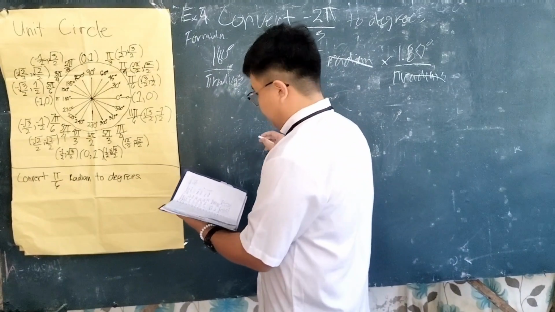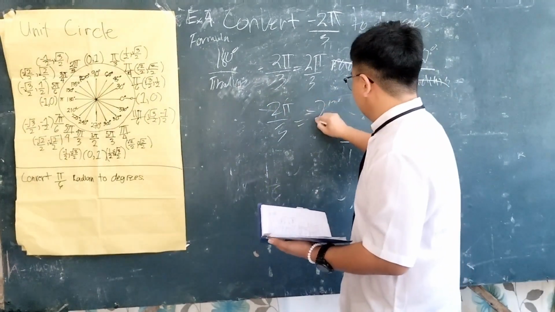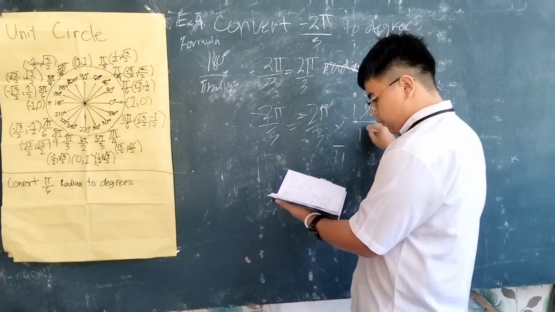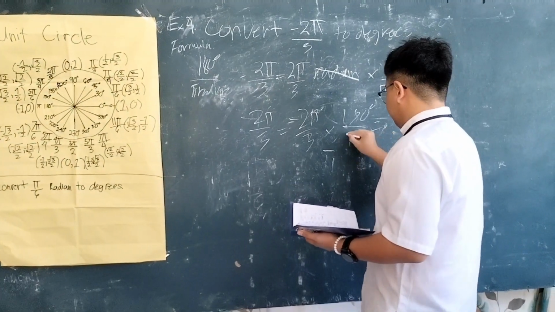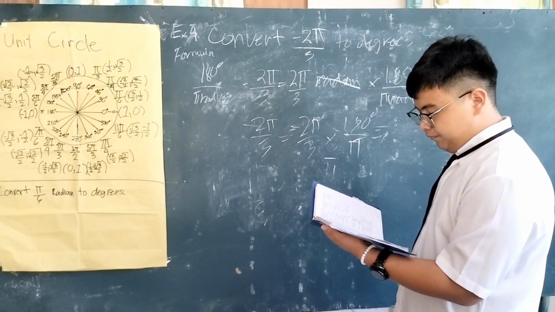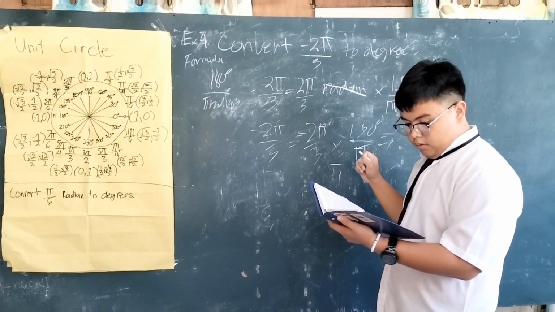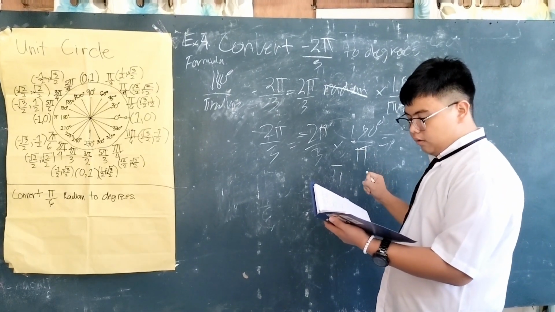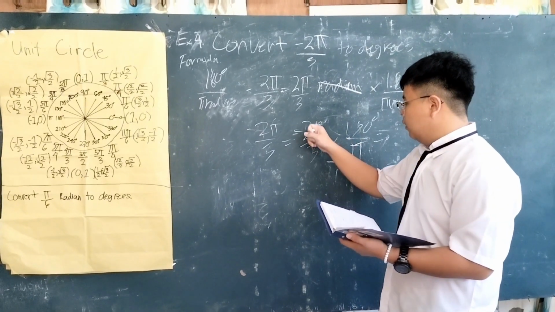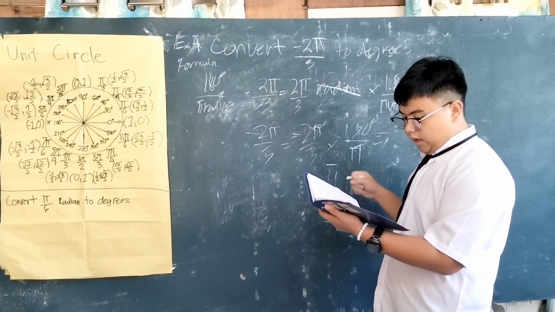Negative 2 pi, since the unit is pi, we need to cancel them out.